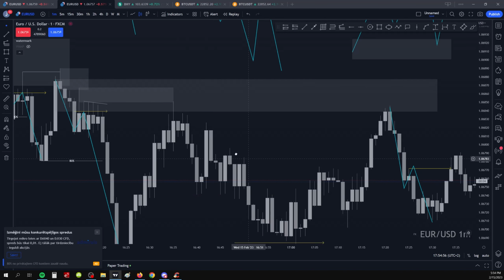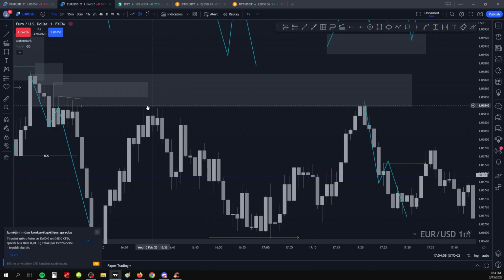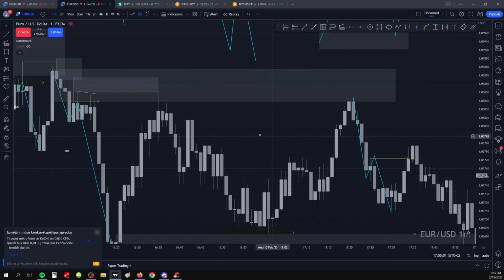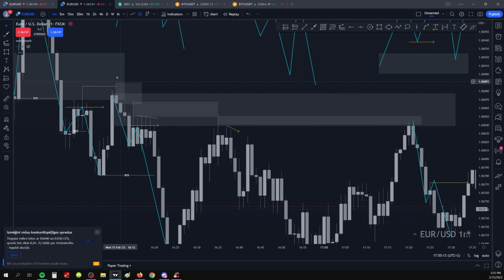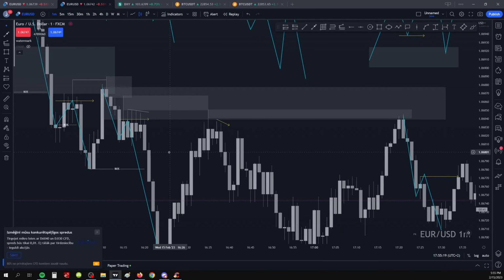Yeah, we mitigated something in here, but obviously market wanted to do something else. Take out this and then mitigate this, because this is just order flow. If you understand order flow, we mitigate the candle that took liquidity. That is order flow.